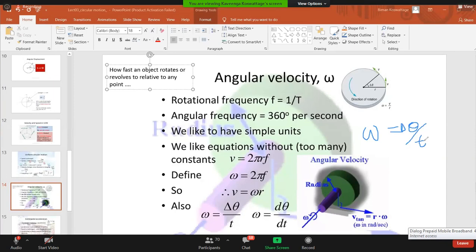How fast does this angle change? This is omega. So angular velocity is the final angle minus the initial angle divided by time. It means the change in angular position by time. Right? This is where you can define this very easily.